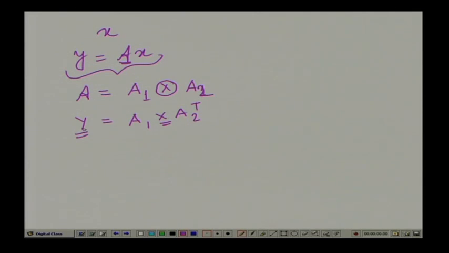And we have mapped this matrix y into a vector y by row ordering, and this matrix x into the vector x, again by row ordering.